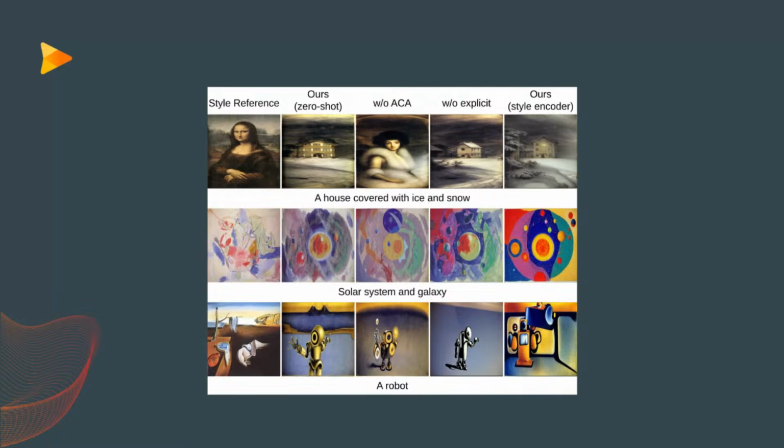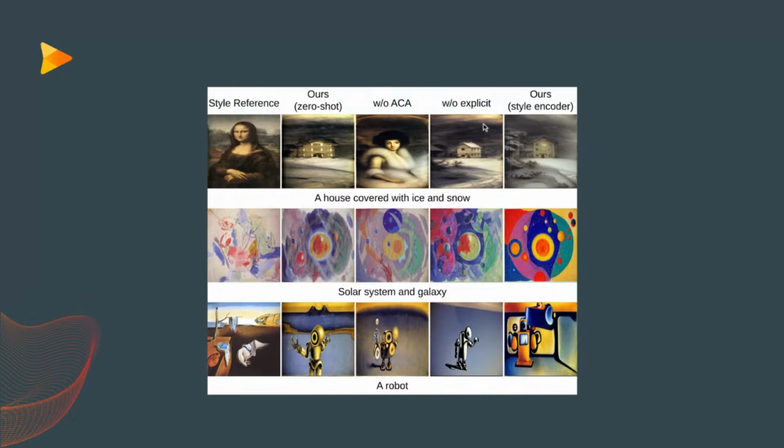And we can see that if we train without the auxiliary content adapter, then the face from Mona Lisa will appear in the results. It's what we mentioned, the content leakage from the style reference, right? So when we disentangle the content and style during training and discard the content component in inference, we can greatly eliminate the content in the results.